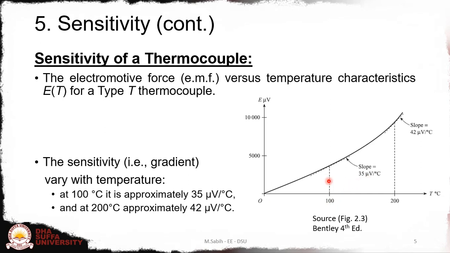It means that at 100 degrees centigrade, if a temperature change of 1 degree happens, for example if it becomes 101 degrees, the output voltage will change by up to 35 microvolts. But at 200 degrees centigrade, the sensitivity is 42 microvolts. So at 200 degrees centigrade, a change of 1 degree plus or minus will cause a change of 42 microvolts in the output voltage.